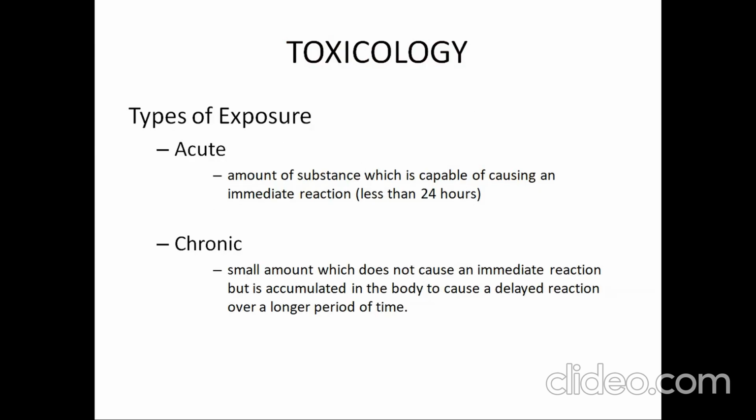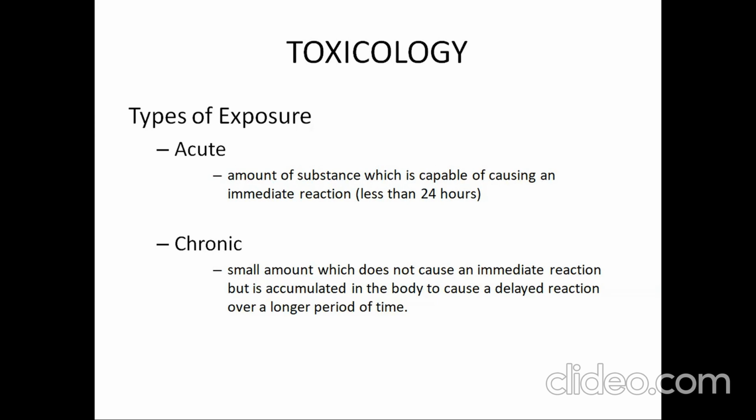Now there are two types of toxicities: one is called acute toxicity and the other is called chronic toxicity. Acute toxicity is the amount of substance which is capable of causing an immediate toxic reaction in animals or human beings within 24 hours.